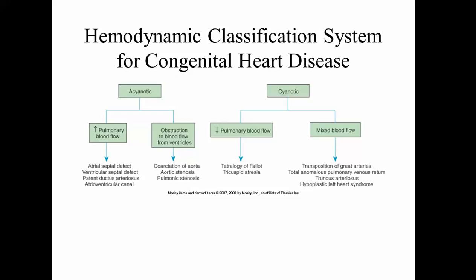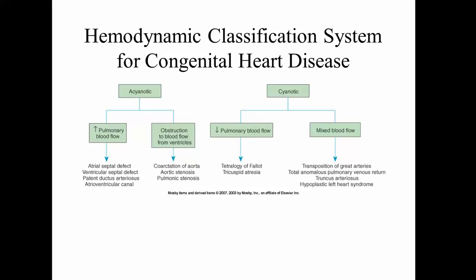Examples of mild defects would be a small PDA, patent ductus arteriosus, or a small ventricular septal defect, or VSD, or a mild pulmonic stenosis, or PS. Now, with moderate defects, most children will be symptomatic during childhood when there is increased activity level. Examples of moderate defects would be mild aortic stenosis, moderate pulmonic stenosis, coarctation of the aorta, and moderate ASD, or atrial septal defect.